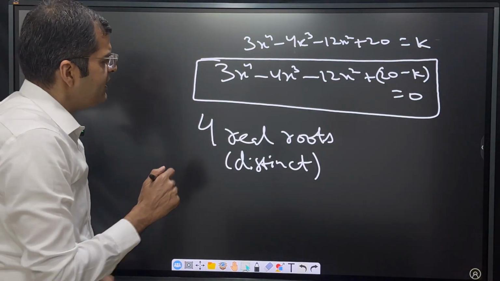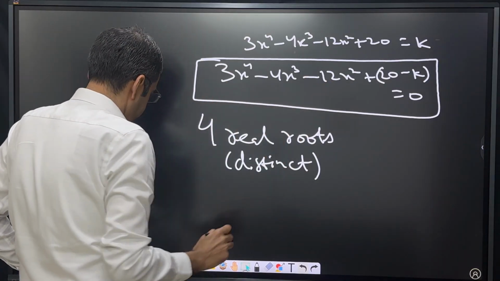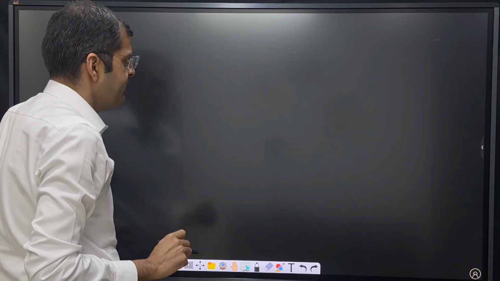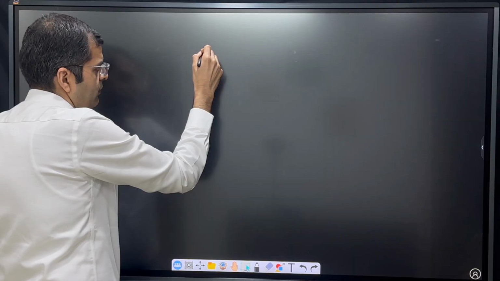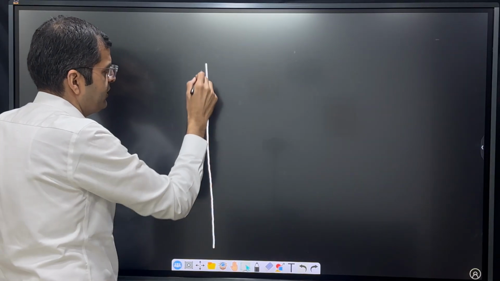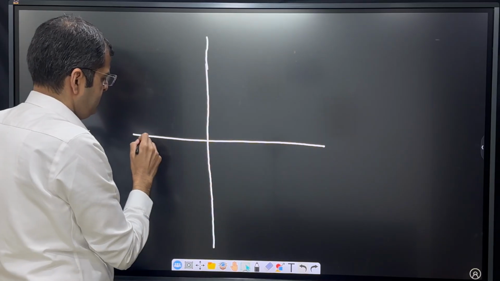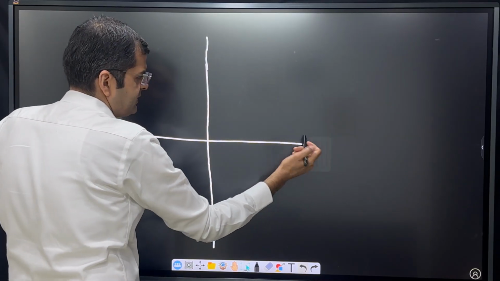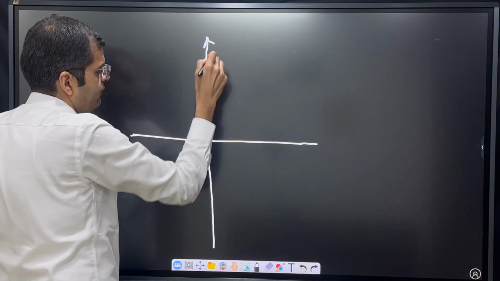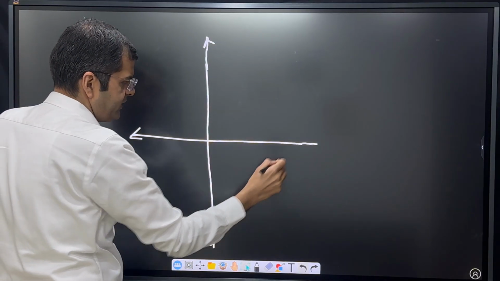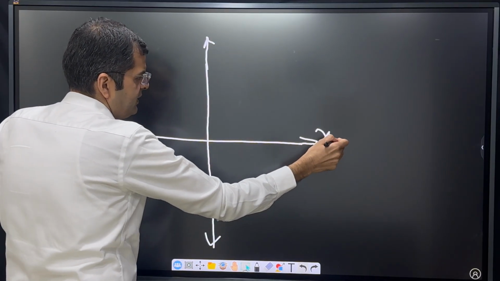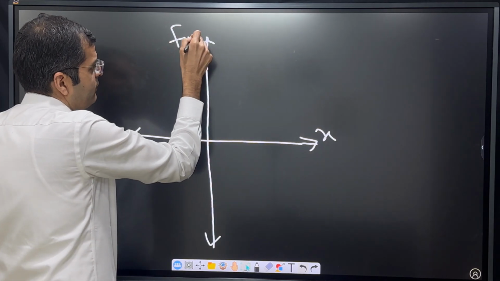So now if an equation in power 4 has 4 real roots, what does this mean? The graph of this equation will cut the x-axis in 4 places. It is 4 distinct real roots, so it should cut in 4 places. This is x, this is f of x.